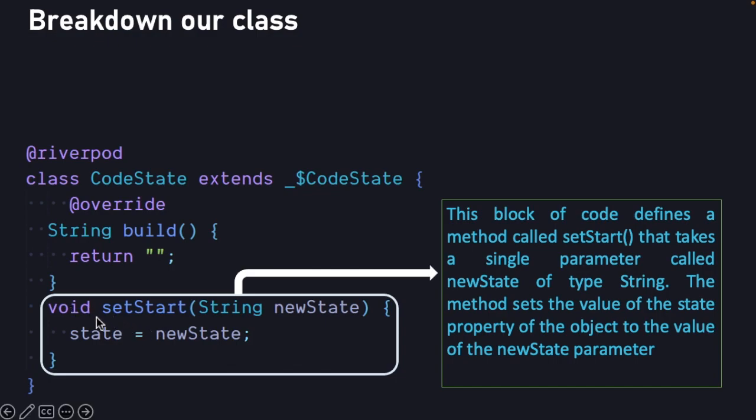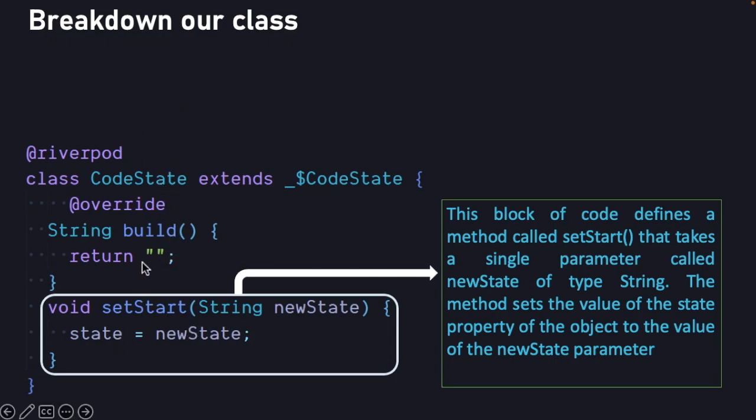Down here we have a method with the name setState, and it takes a string with the new state. In here we are setting the state of this class to the new state. So we use this method to set a new state to our class here.